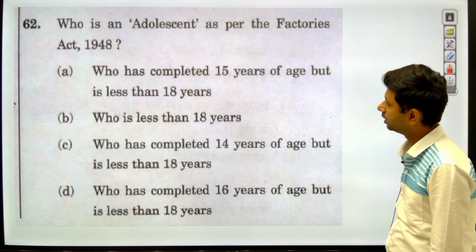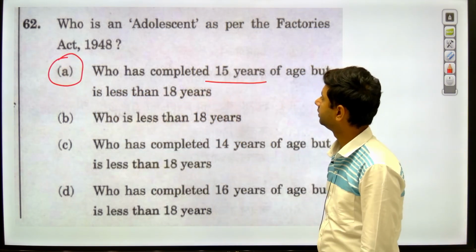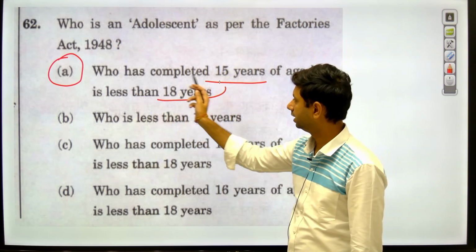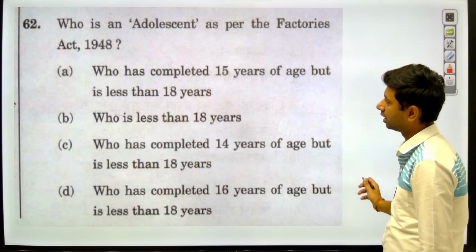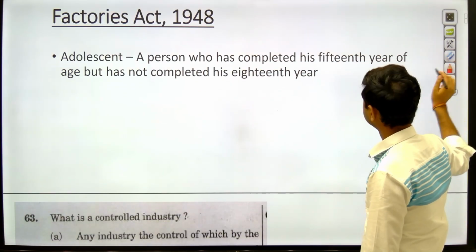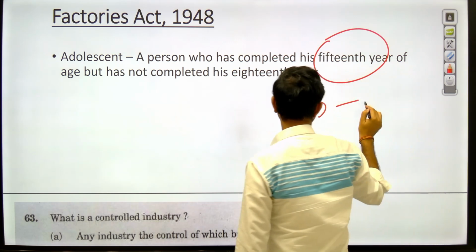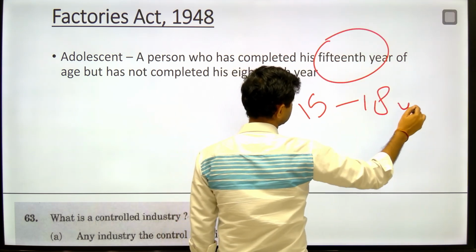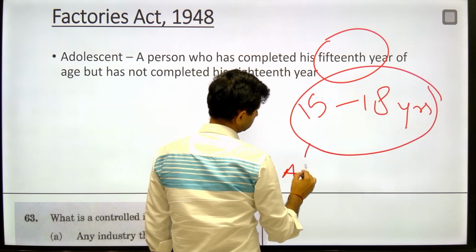So actually the answer is the person who has completed 15 years of age but is less than 18 years. So this is as per the Factories Act 1948. It's a person who has completed the 15th year of age. So that means a person belonging to this age group is an adolescent.